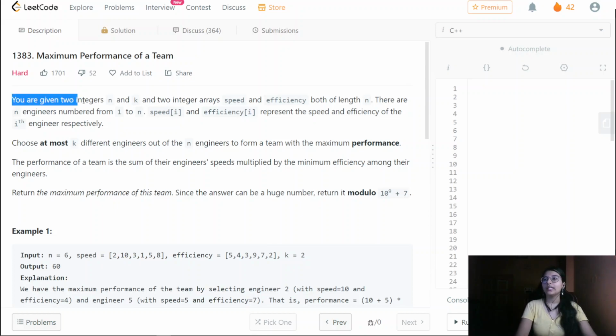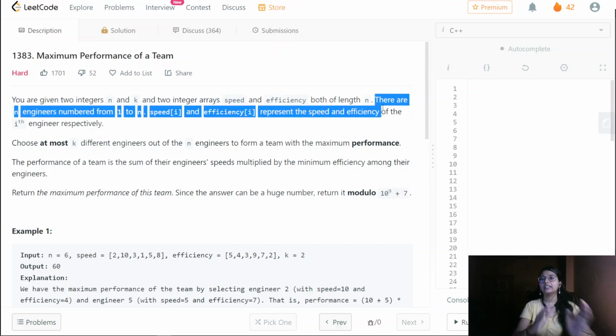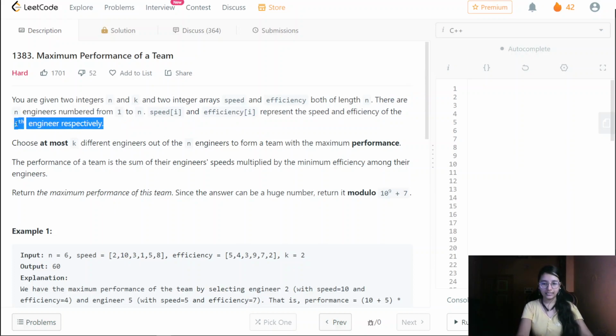So you are given two integers n and k and two integer arrays speed and efficiency, both of length n. There are n engineers numbered from 1 to n. Speed of i and efficiency of i simply represent the speed and efficiency of that particular ith engineer respectively.